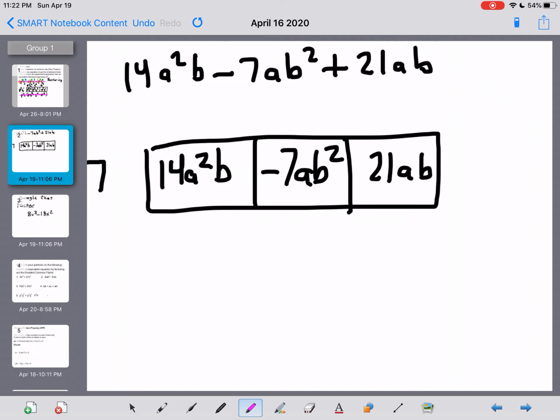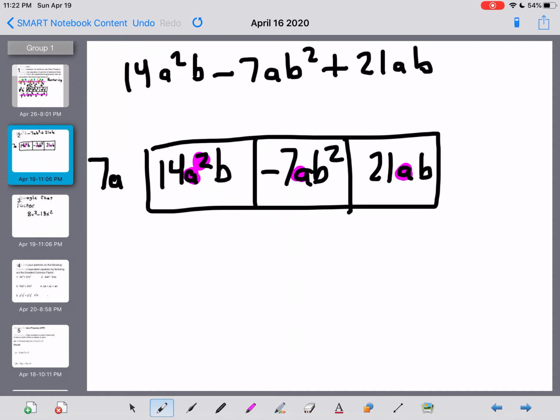I'll start with the a's. So a to the second power, here's a to the first power, and then a to the first power. So I know I at least have 1 copy of a in common in each of these. So this is a. Actually, let me move this over so we could fit the a in. There's not a lot of space here.